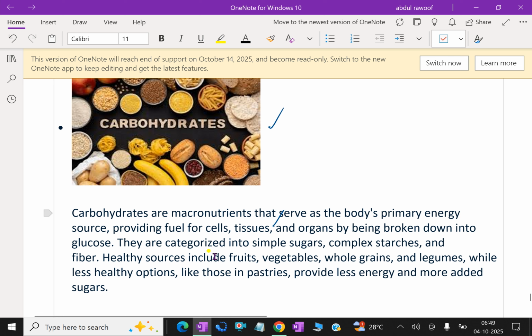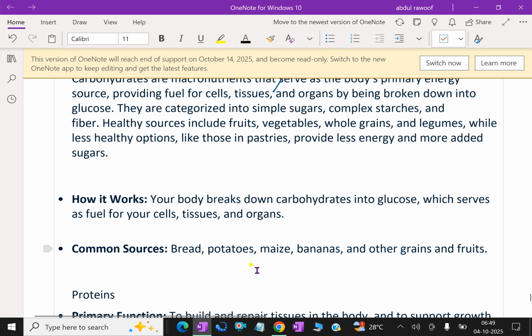They are categorized into simple sugars, complex starches, and fiber. Healthy sources include fruit, vegetables, whole grains, and legumes, while less healthy options like pastries provide less energy and more added sugars.